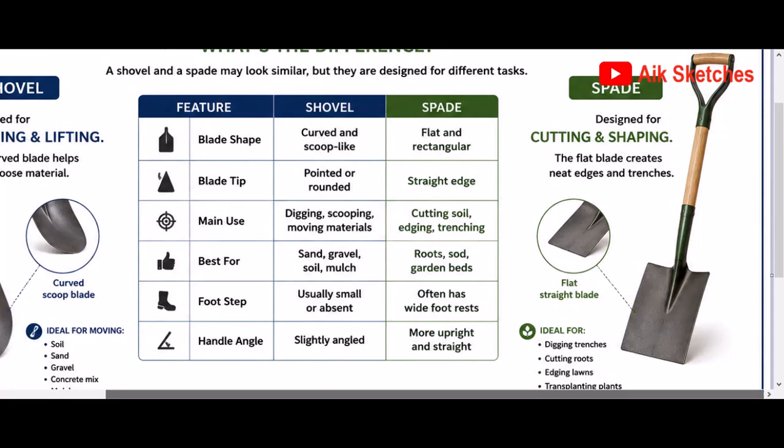While the spade is designed for cutting and shaping. If you look on the right hand of your screen, you will see what the spade looks like. The flat blade creates neat edges and trenches. Okay, take a very good look at the flat straight blade, so you can tell the difference between this and the shovel.